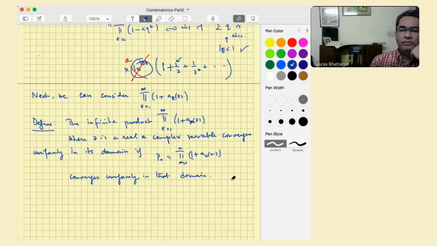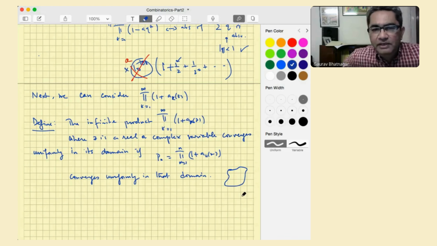So uniform, remember uniform, what does it mean? Uniform just simply means that in that domain, whatever that domain is, only one epsilon will work essentially for all the points. That's all. So it's a very stringent kind of requirement, but we don't have to worry about pointwise. Does it converge here, there, whatever.